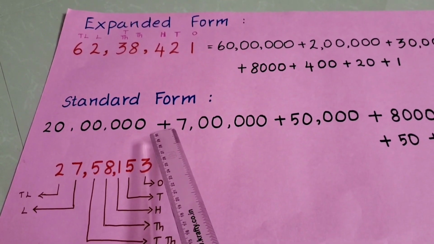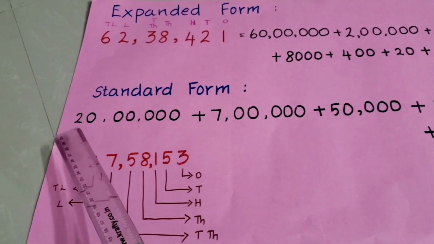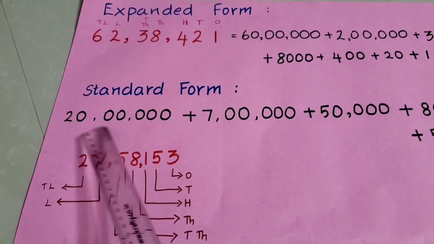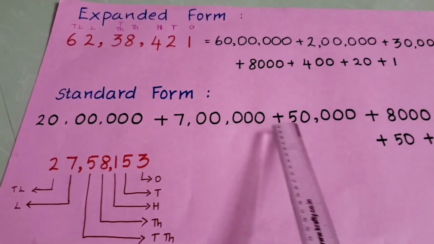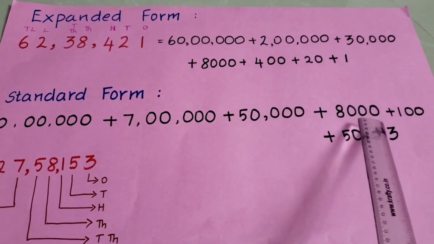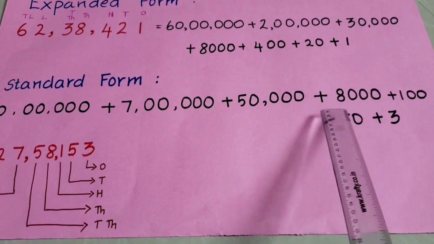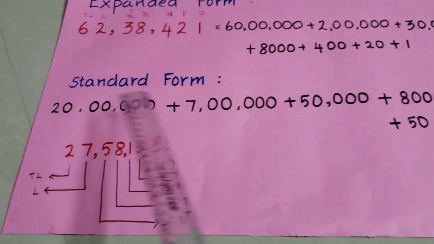In this way we have to write a number in expanded form. Let's see another example for standard form. The number given is 20 lakh plus 7 lakh plus 50,000 plus 8,000 plus 100 plus 50 plus 3.